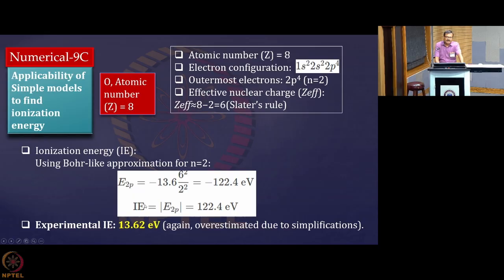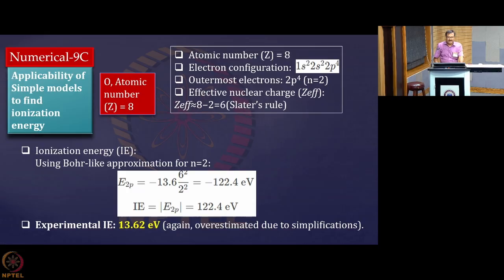But the experimental value is only 13.62 electron volt. This is again our overestimation due to the simplification that we have taken. So again our Bohr-like model is not able to give the ionization energy.